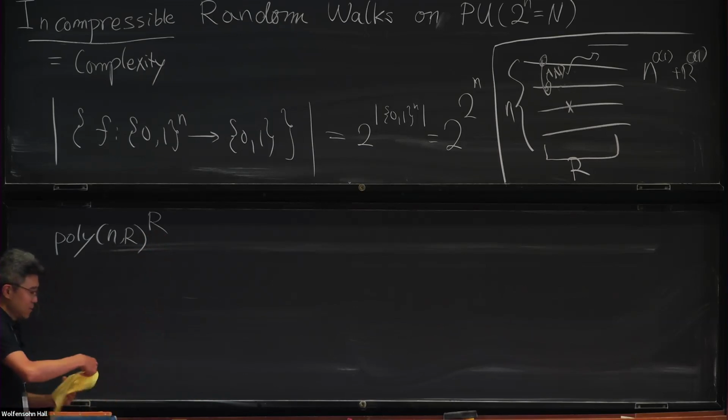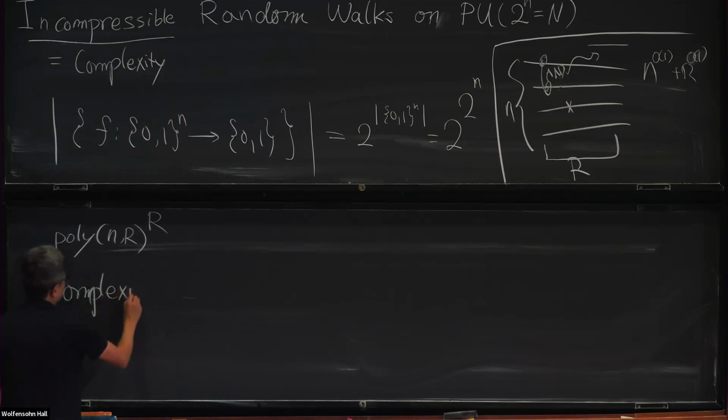But now we want to think about a random circuit. Well, the ultimate goal is to lower bound a circuit's complexity. And what's the complexity?